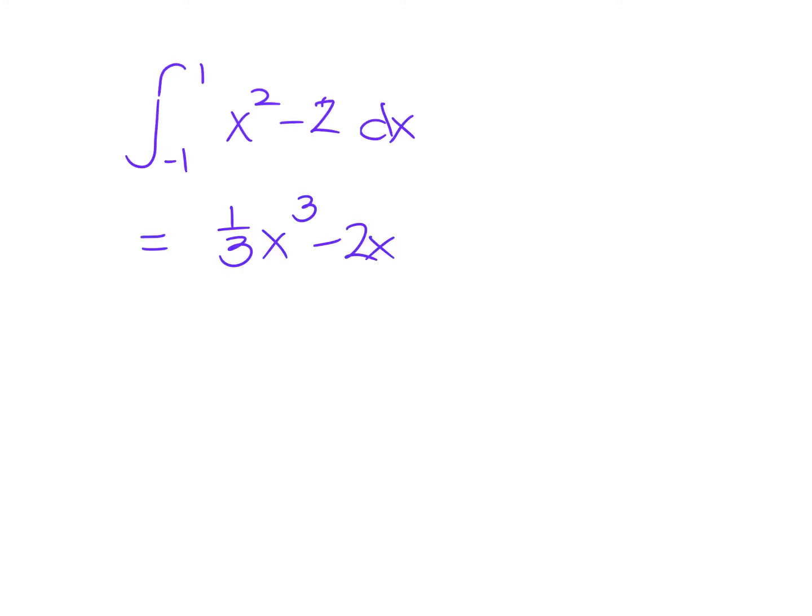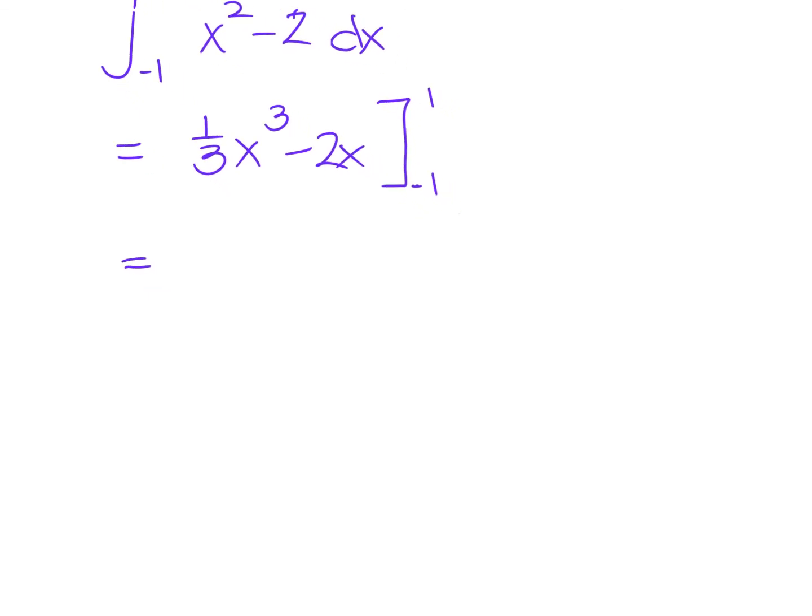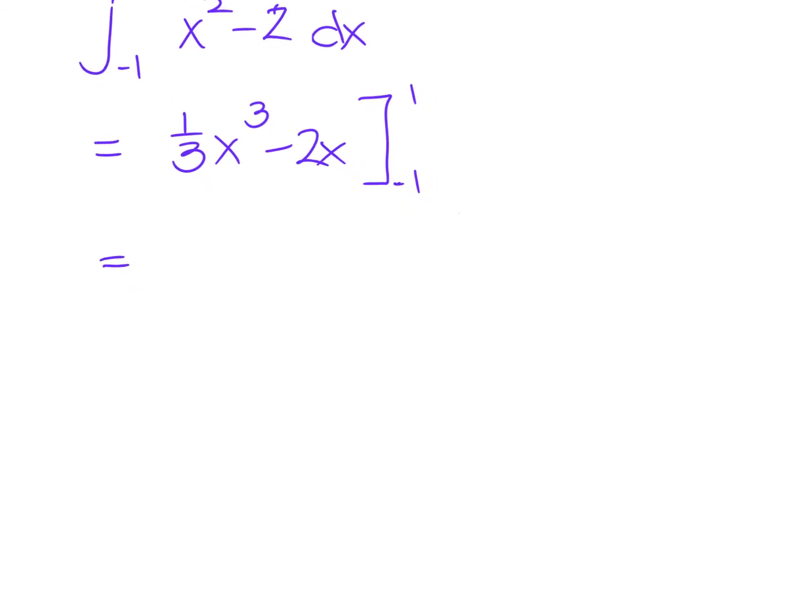All right, so we integrate those, and then we're going to go on the boundary, -1 to 1, right? So which one are we plugging in first? The 1. So if I plug in 1 to those, what am I going to get? 1 over 3 minus 2. We'll deal with the fractions in a minute.